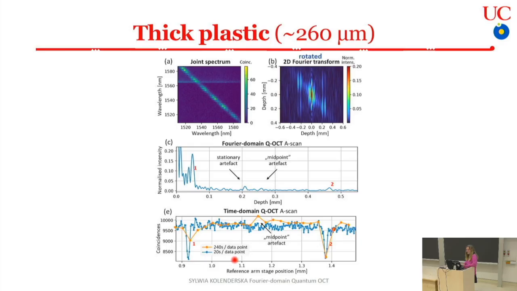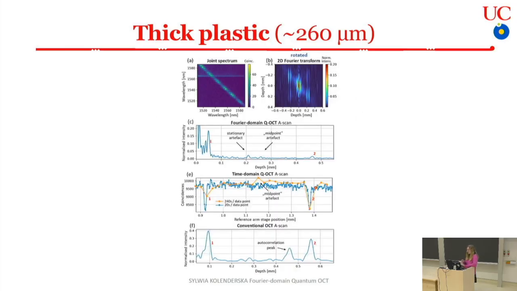But a quicker scan shows only the dips corresponding to the interfaces. We cannot see the artifacts, which is most probably due to the fact that the artifact is really small, and we have lower sensitivity, so bigger noise, for shorter acquisition times.